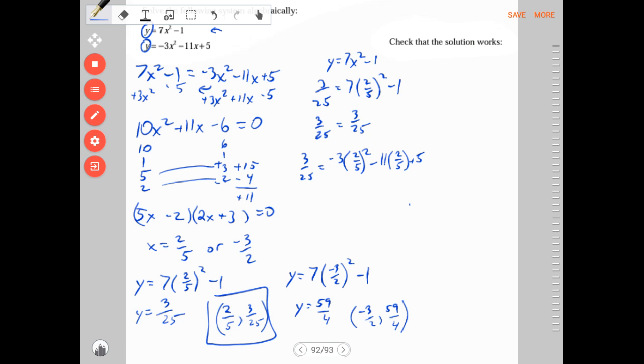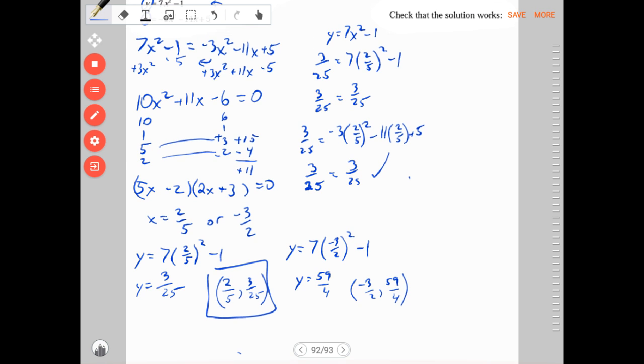So negative 3 times 2/5 squared minus 11 times 2/5 plus 5. And that really is 3/25. So that's good as well. That makes that first answer work in both equations, so we're good.